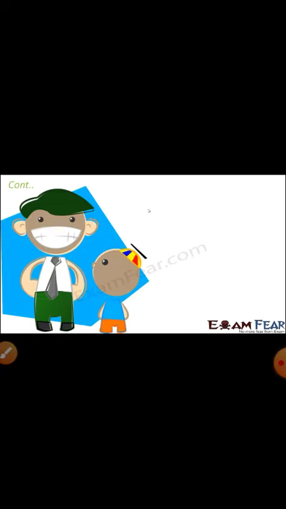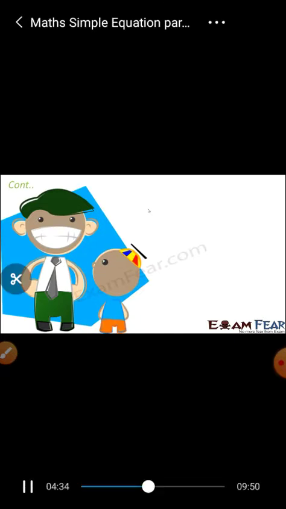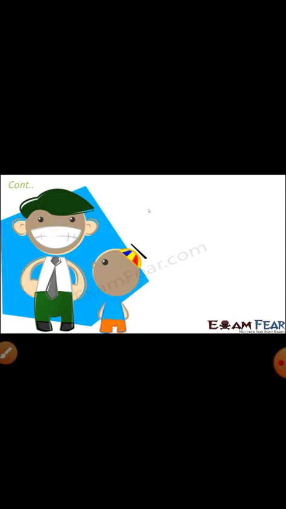Let's take one more example. These examples tell you how you make use of equations in your day-to-day life. Why do we need to learn about equations? Let's say that somebody asks you your age. There are two ways of answering it. You can directly tell your age, or you can tell your age in an indirect manner, in the form of a puzzle.